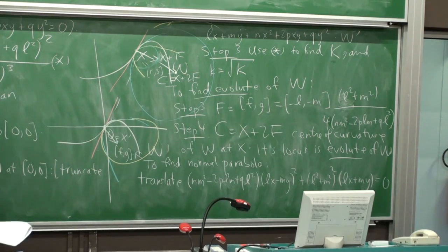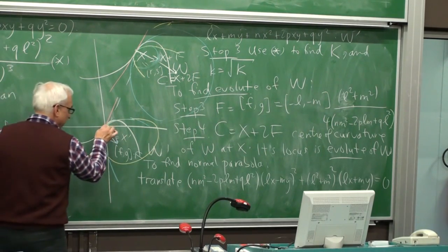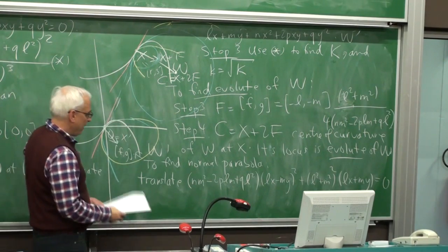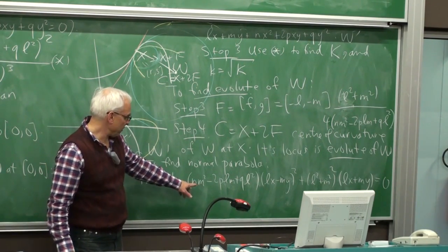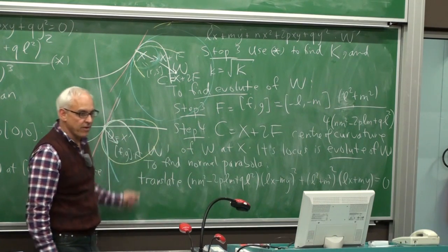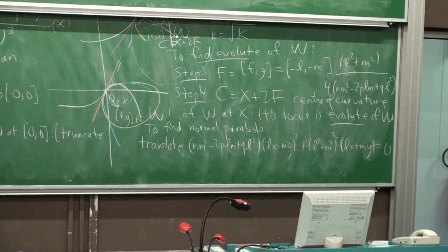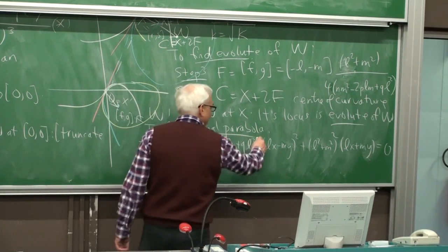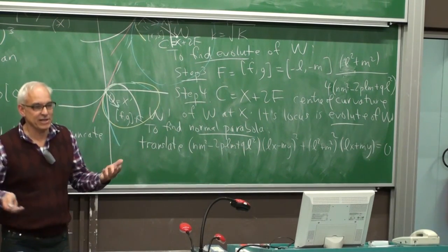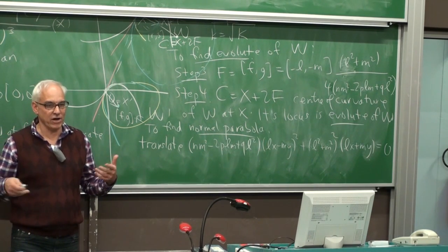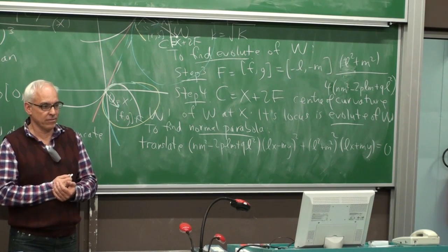That's the equation of the normal parabola here. Then you'll have to translate that by replacing the x's and the y's with x minus r and y minus s for the original point. So that's a suite of formulas that allow us to very explicitly calculate a lot of things for a general algebraic curve.